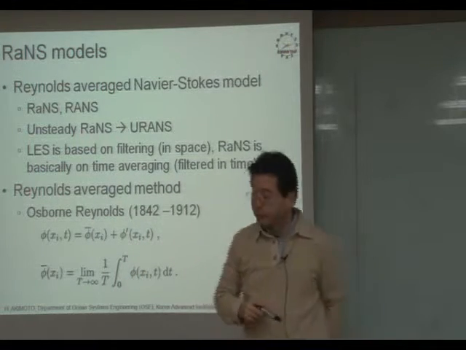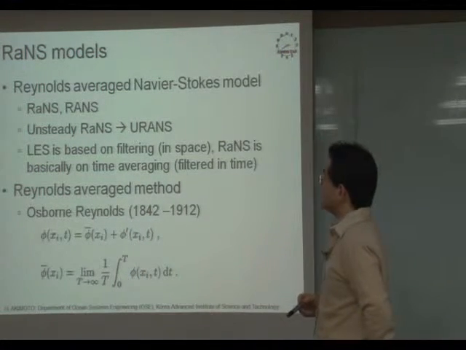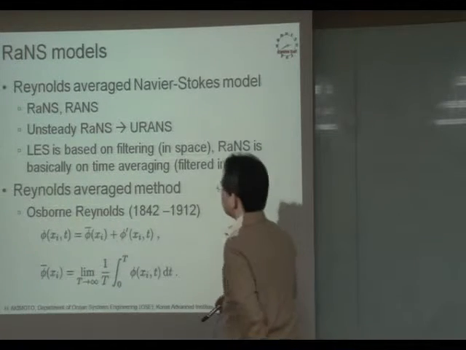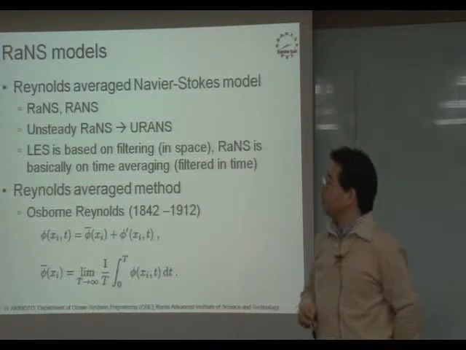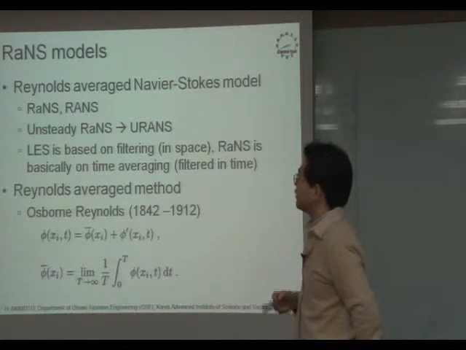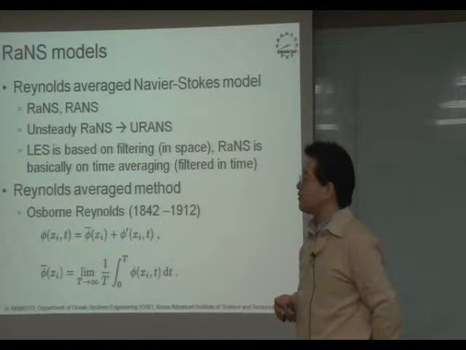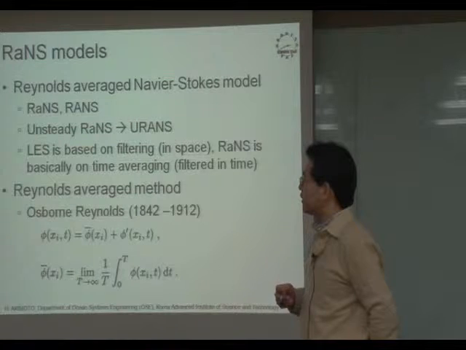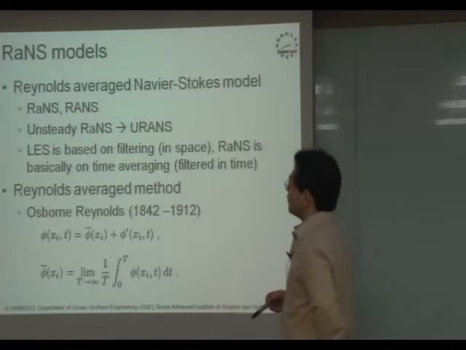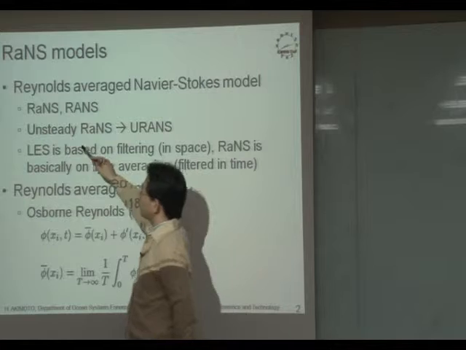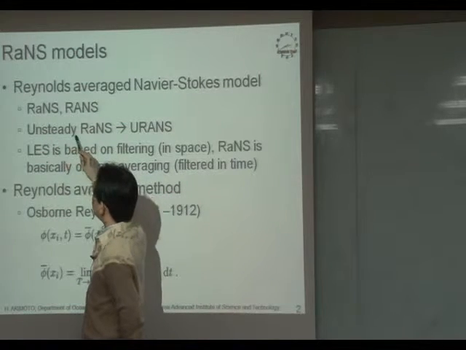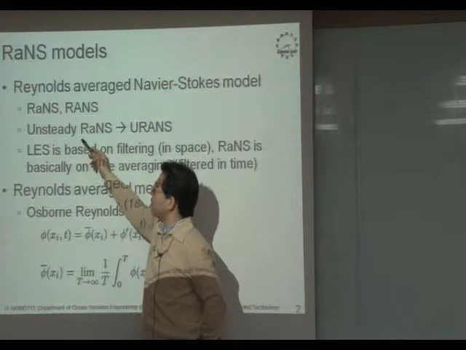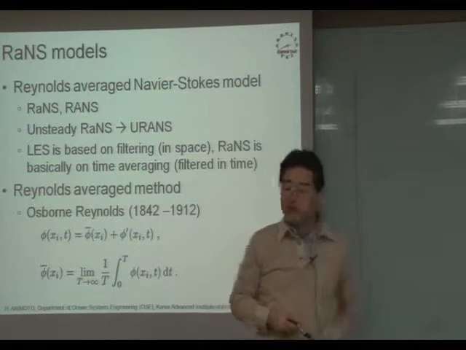And there are some related abbreviations of methods. Basically, a RANS method is for steady flow, but extension is possible for unsteady flow problems. So some researchers use U-RANS, the abbreviation of unsteady Reynolds averaged Navier-Stokes equation.